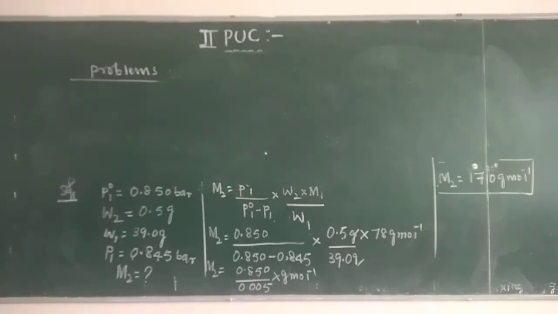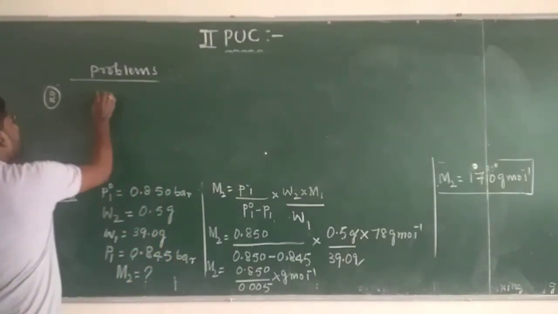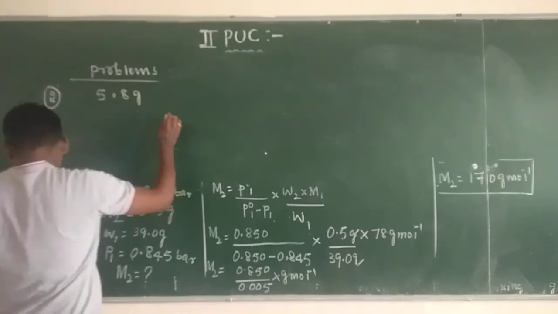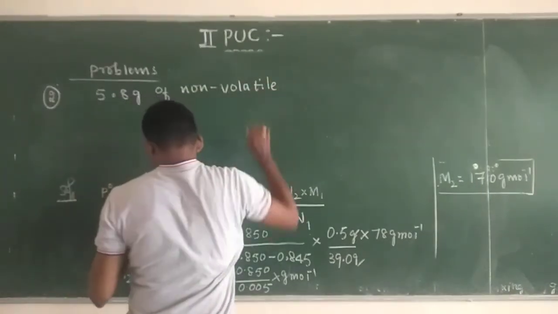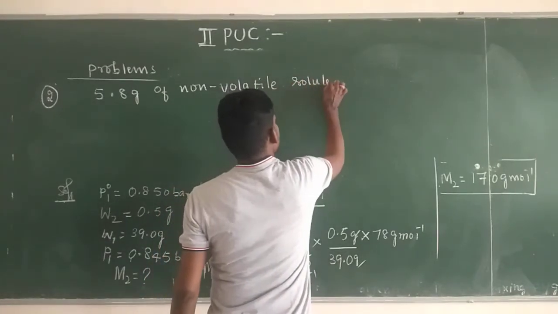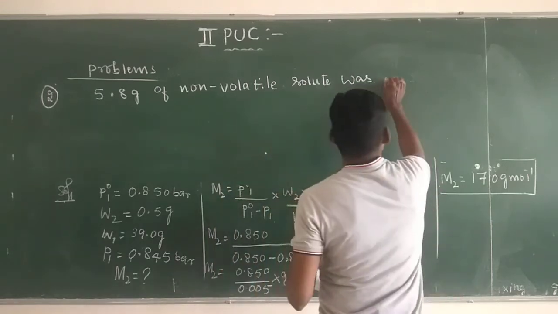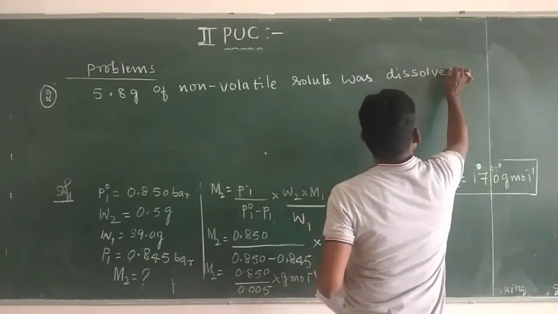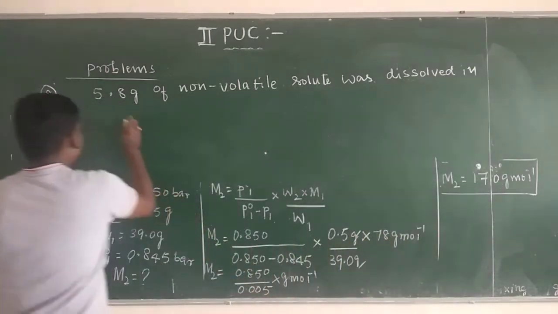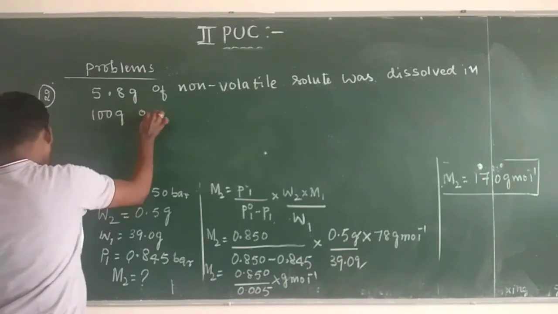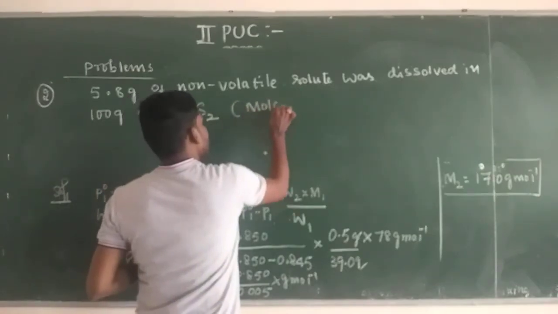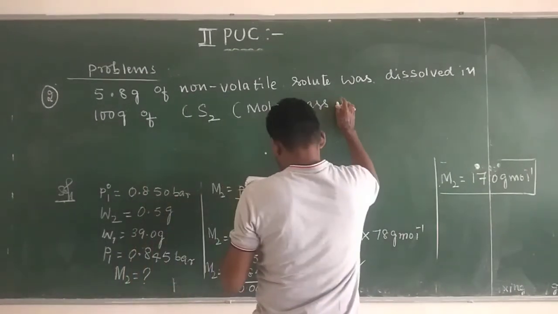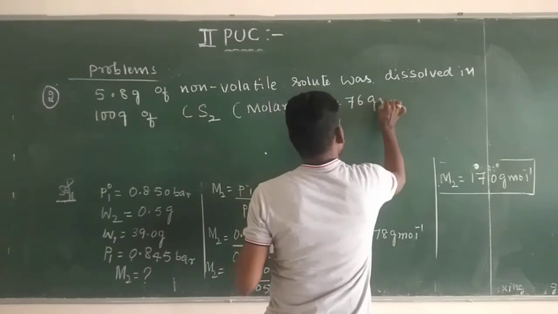Next, the second problem, on relative lowering of vapor pressure. 5.8 gram of non-volatile solute was dissolved in 100 gram of carbon disulfide of molar mass equal to 76 gram per mole.